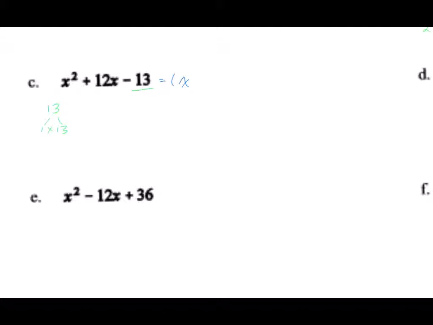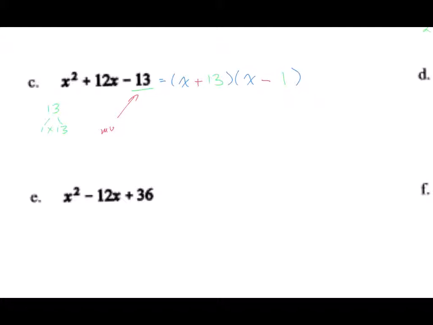So we're going to have x, and one of them is going to be 13 and one of them is going to be 1 inside our bracket. Now, in order to get positive 12, we need to have positive 13 and minus 1.